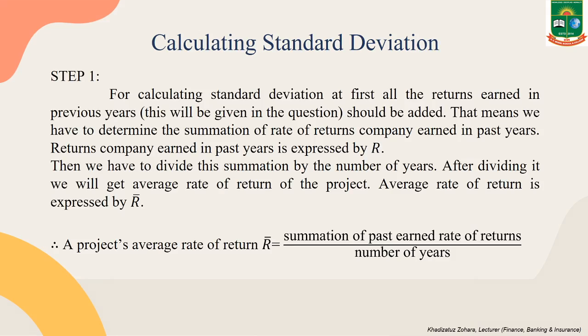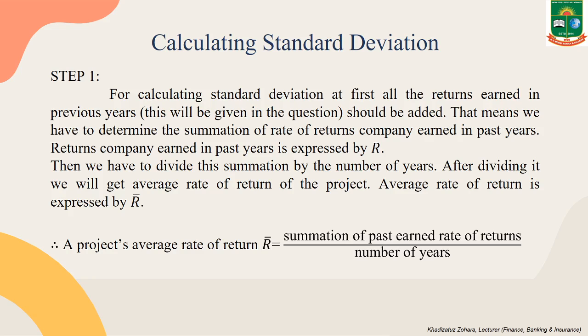In the first step, for calculating standard deviation, at first all the returns earned in the previous years, which will be given in our question, should be added. That means we have to determine the summation of rate of returns company earned in past years. Returns company earned in past years is expressed by R. Then we have to divide this summation by the number of years.